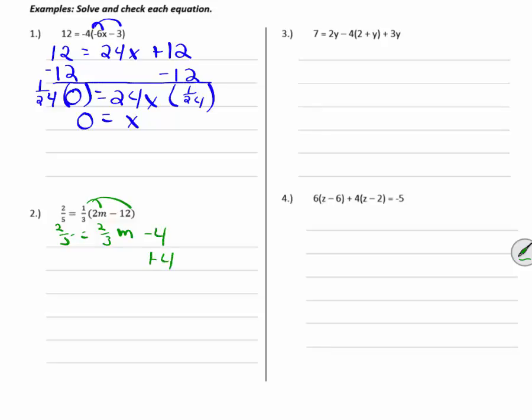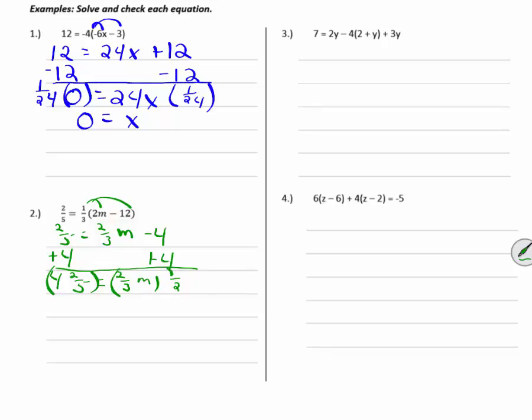We're going to add 4 to both sides. So 4 plus 2/5 is 4 and 2/5 equals 2/3 m. Now we're going to multiply by the reciprocal, which is 3/2.